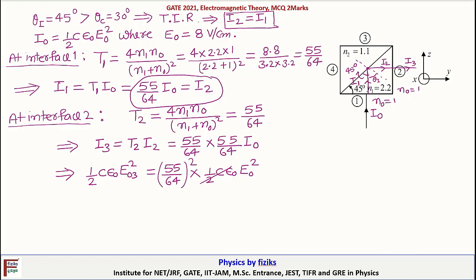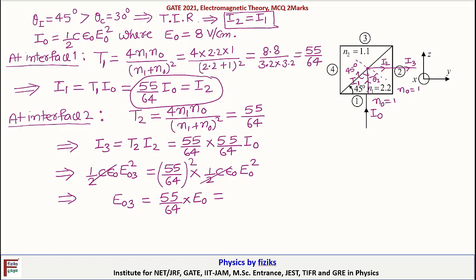So this half C epsilon naught will cancel out, and this will give you E03 is 55 by 64 into E0.